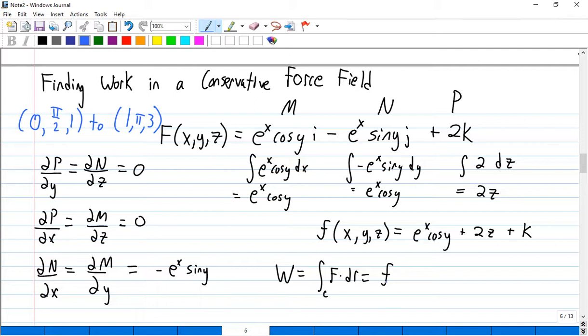All right, so it's going to be f of, you evaluate the first point, (1, pi, 3), minus f of (0, pi over 2, 1). And remember, this is x, this is y, this is z. This is x, this is y, this is z.